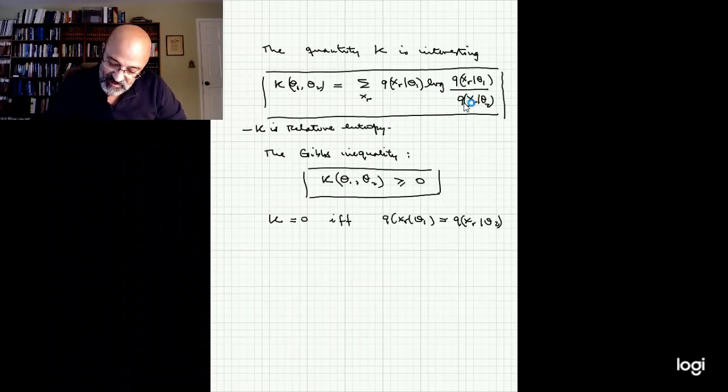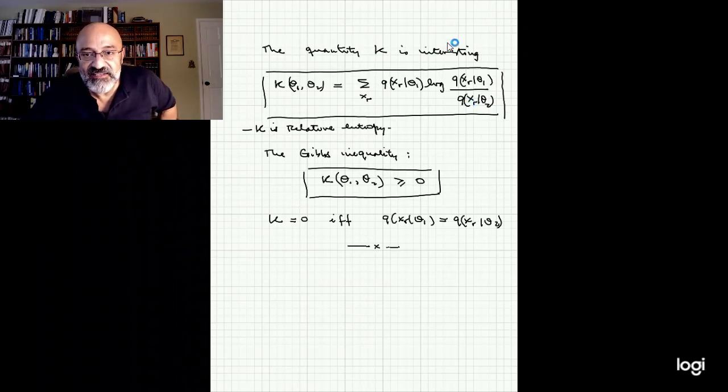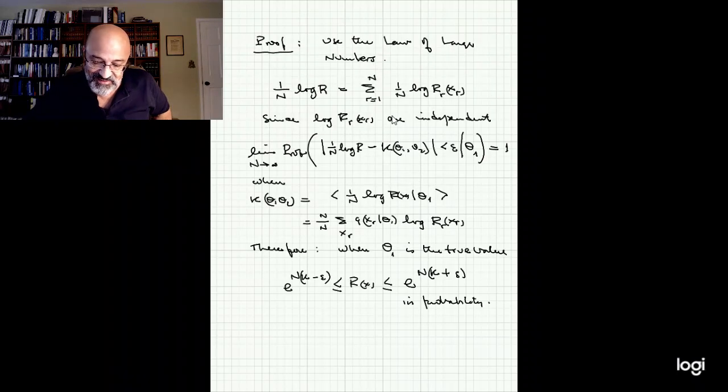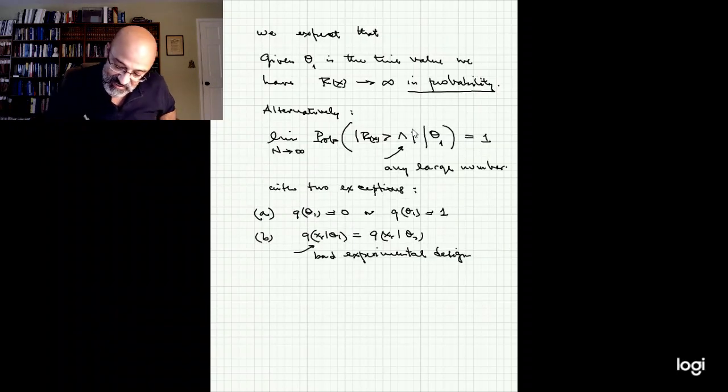So what we see here is that indeed, if your experiment is badly designed in such a way that the measurements of x's make no distinction between theta 1 and theta 2, indeed, your data, multiple experiments with data, is never going to overwhelm the prior because the experiments are not carrying any kind of information.